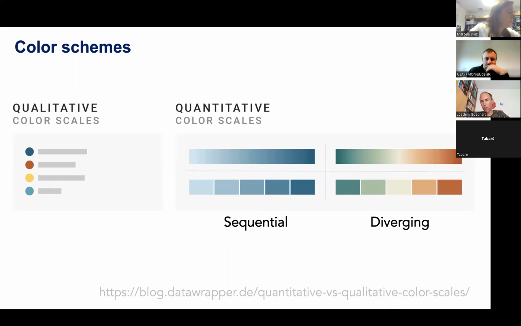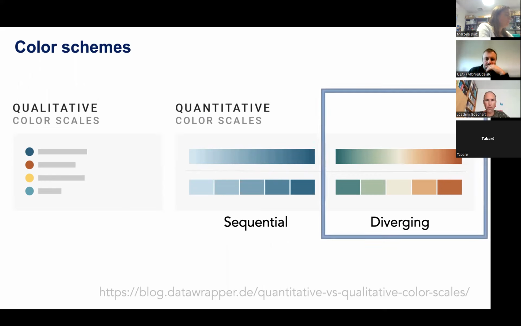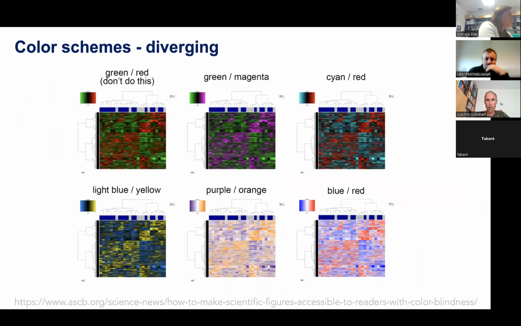That's quite often used for microarray data, for instance. This is an example where they apply different color schemes to this kind of microarray data. The classical way is to use green and red colors, but for green-red colorblind people, it is of course impossible to see the difference.